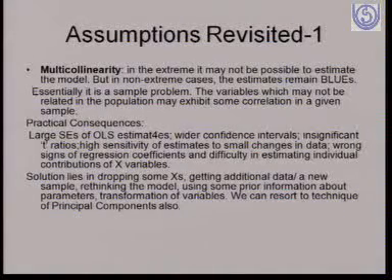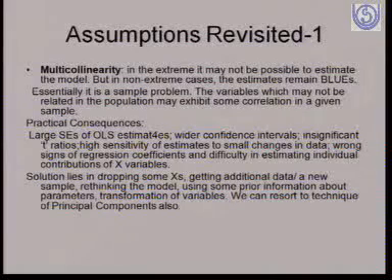Some of the T ratios may turn out to be insignificant. Estimates may turn out to be very sensitive to small changes in data. Signs of some of the regression coefficients may not be intuitively acceptable, or you may find wrong signs of the regression coefficients. And there may be difficulty in estimating contributions of individual variables to the regression.